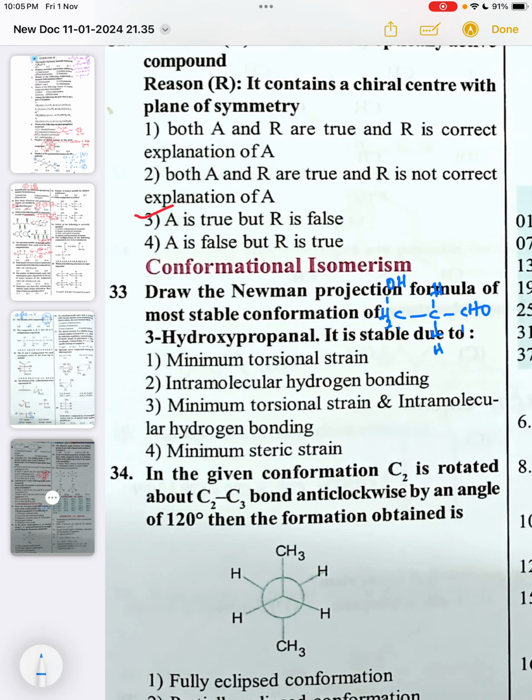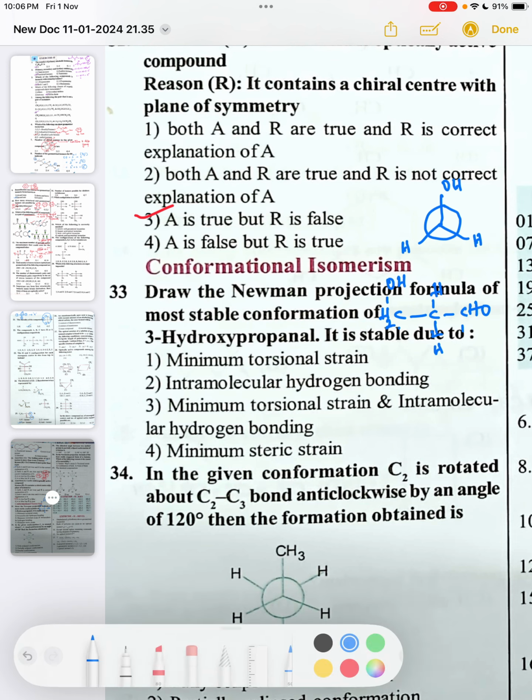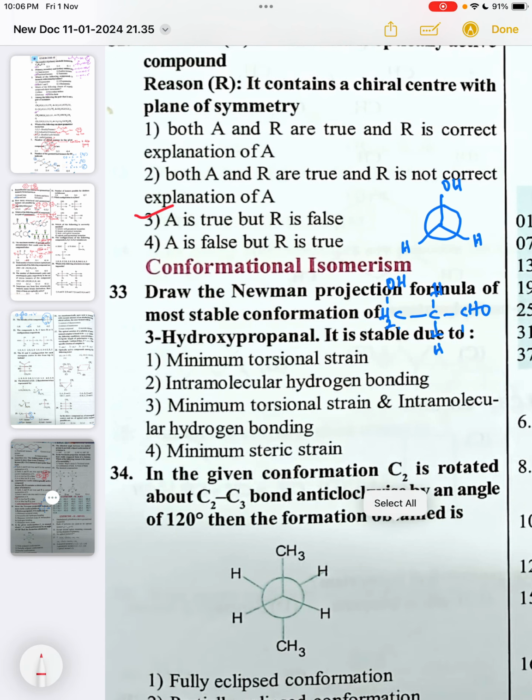Now this is CH2OH. I am writing the Newman projection formula. Here we have OH, and next here it is H. And one more carbon I am taking, which contains C double bond O, the aldehyde, here H, here H. Now between the H of the OH group and the O of the carbonyl group, there is a hydrogen bond.